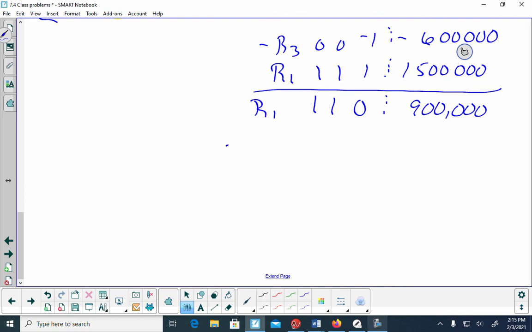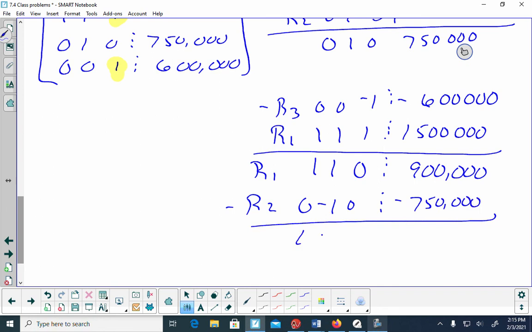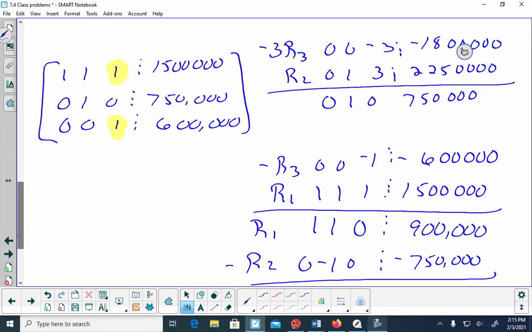I'm going to do the opposite of row 2. I know I'm cheating. And I'm going to do 0, -1, 0, and then I'm going to have 1, 0, 0. So my final matrix in row echelon form will look like this.